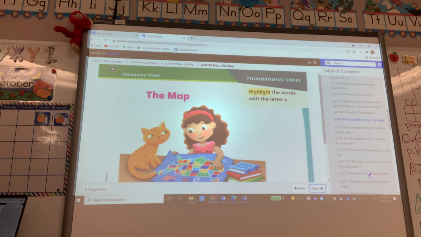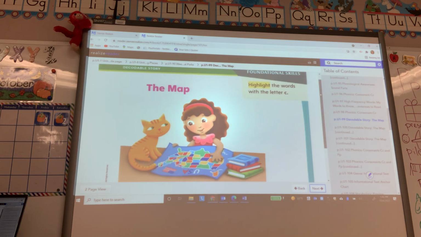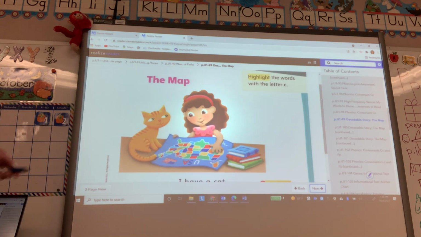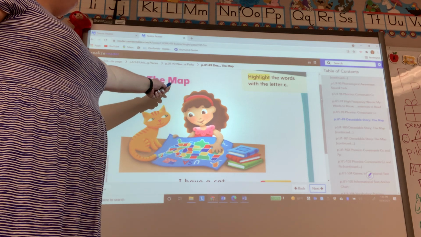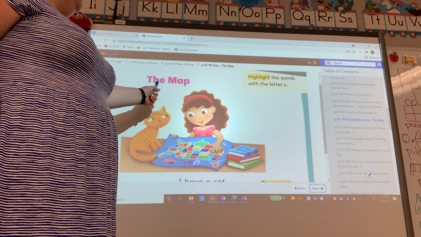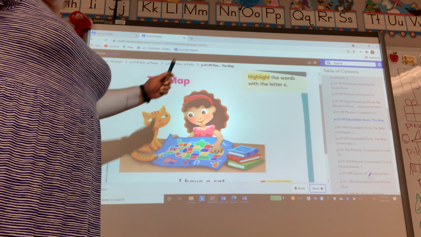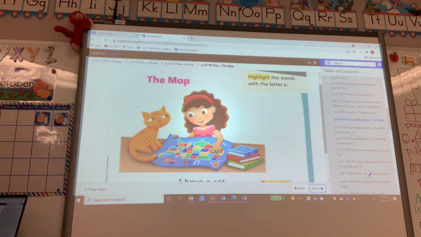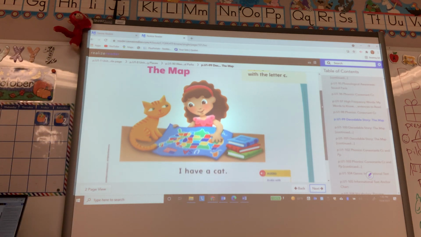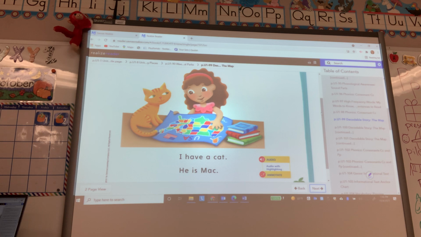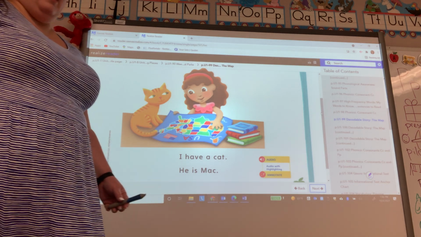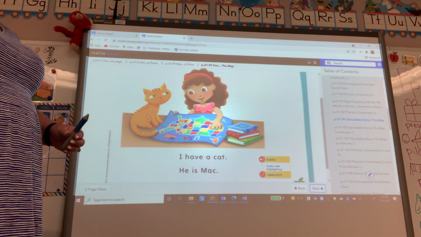Now, on the next page, we are reading a story. The name of the story is The Map. We are going to circle the words with the letter C. Now I want you to try and read this with a grown-up.